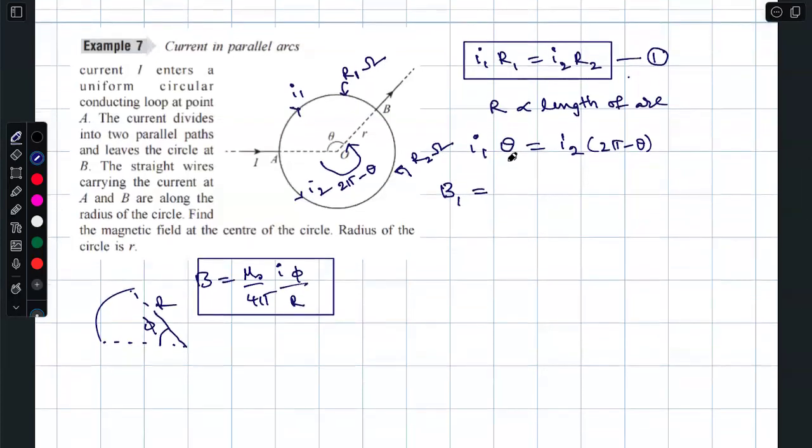B1 ఈజ్ ఈక్వల్ టు ఏమొస్తుంది? B1 ఫార్ములా చెప్పండి. ఇప్పుడు B1 వచ్చేసి μ0/4π I1 యాంగిల్ θ బై R.